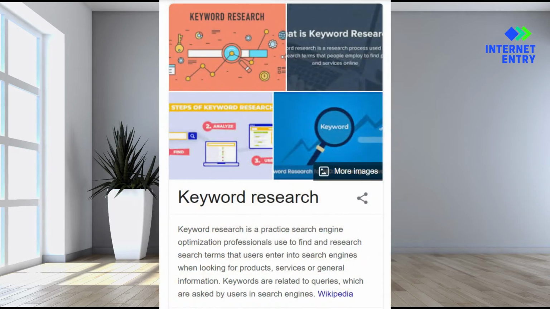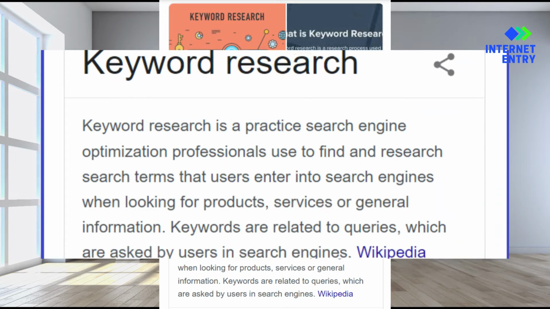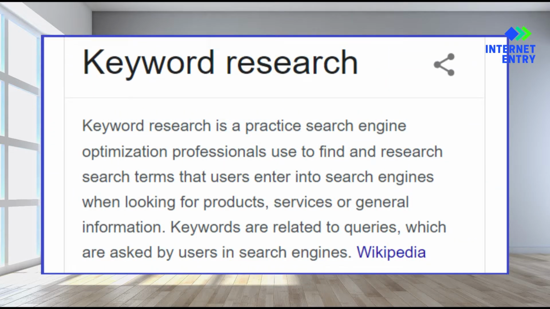As per Wikipedia, keyword research is a practice search engine optimization professionals use to find and research search terms that users enter into search engines when looking for products, services, or general information. Keywords are related to queries which are asked by users in search engines.